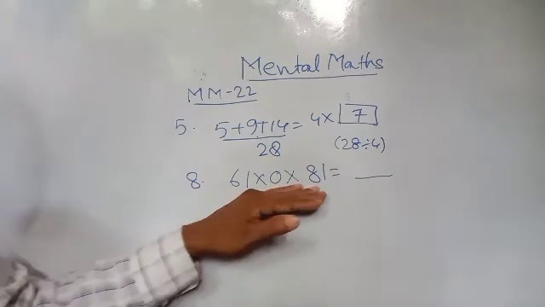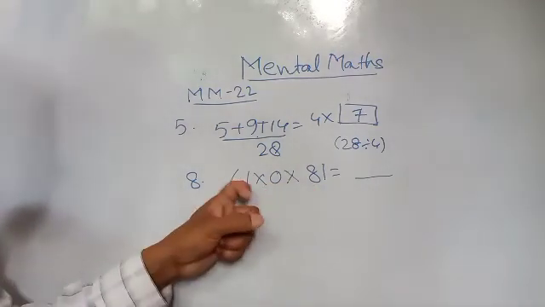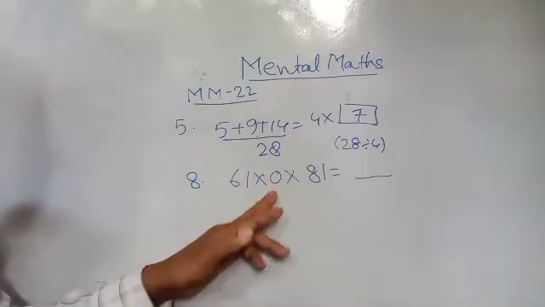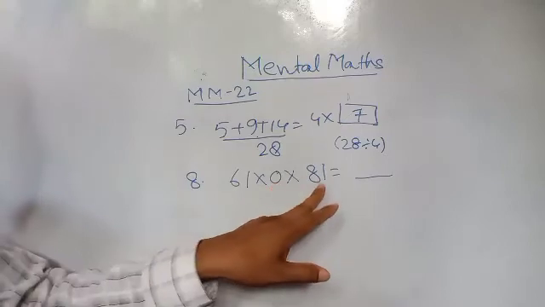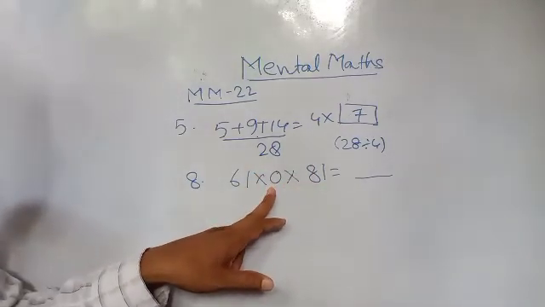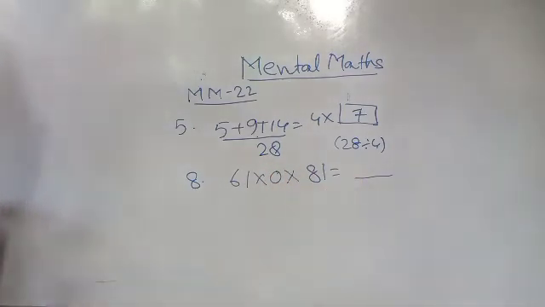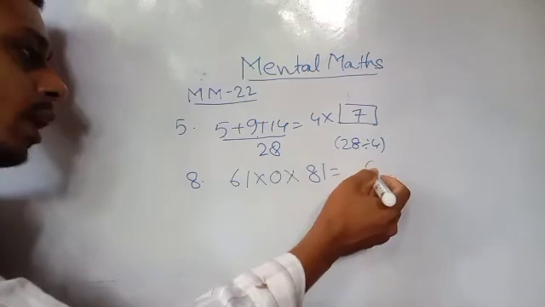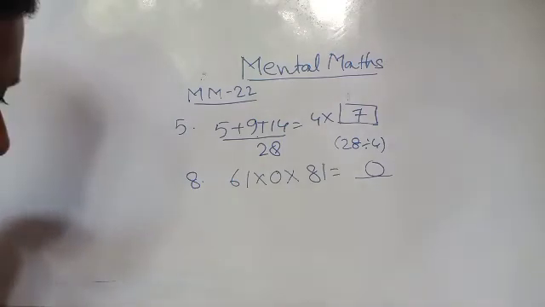If you find this type of multiplication where one number is 0, not digit, number, and there is no other symbol, then no need to calculate anything. You have to write 0. If you multiply by 0, the answer will be 0.